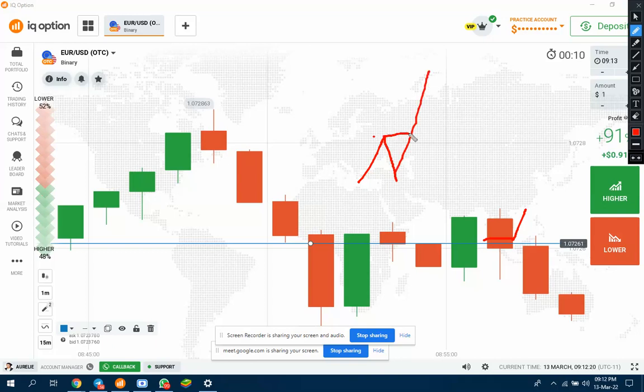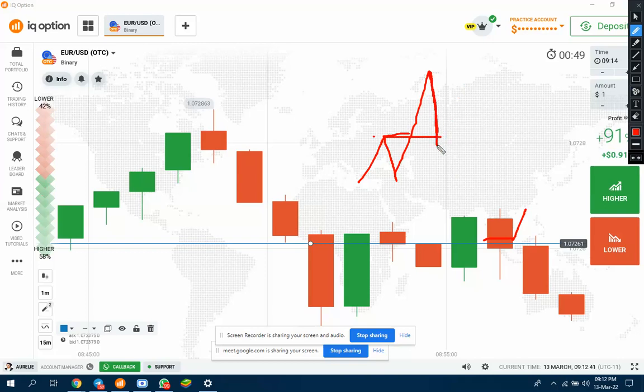Then buyers took over and broke this level. So once the price comes back to this break of structure, the market is going to reverse. But if the market drops and closes below, it might decide to continue to the downside. Something like this.